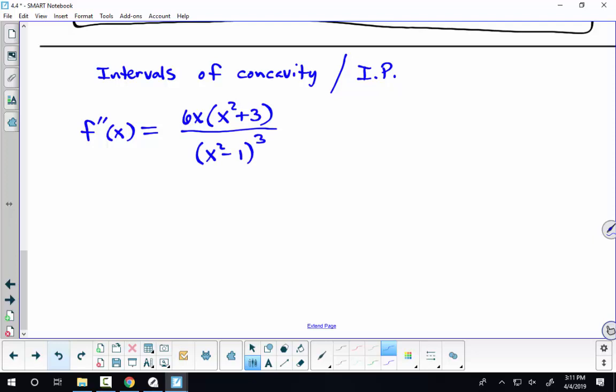Same procedure. When is the second derivative 0? x equals 0. The top is 0 when x equals 0. So x squared plus 3 is never 0.